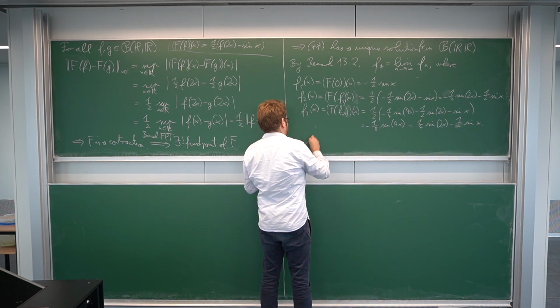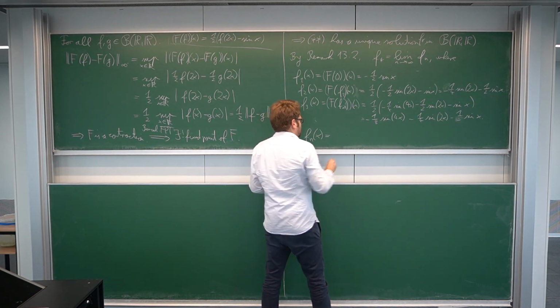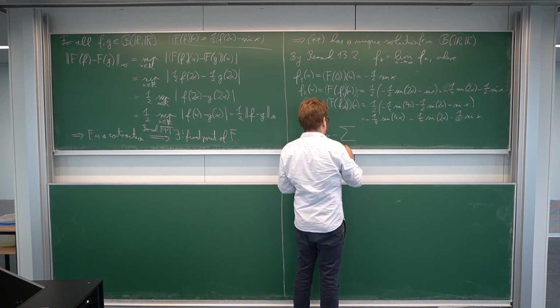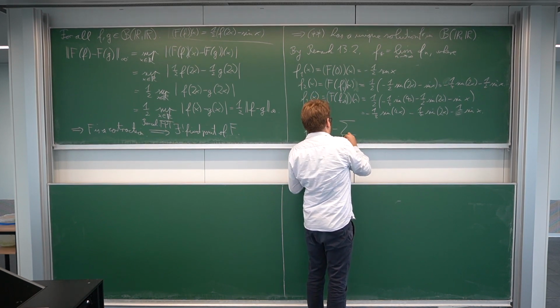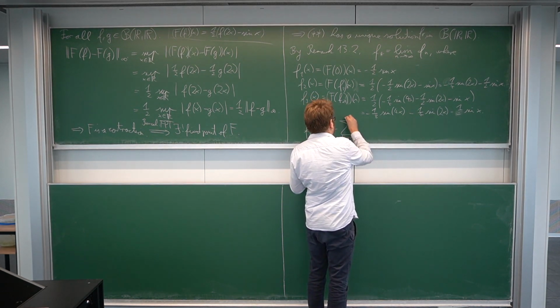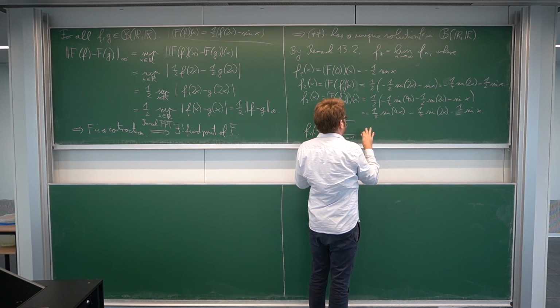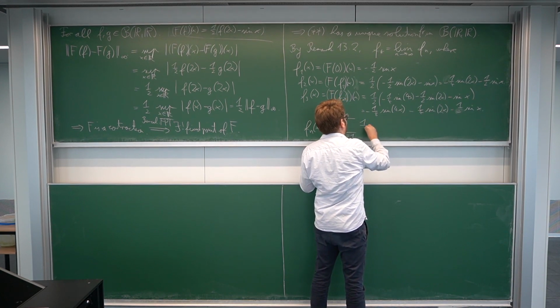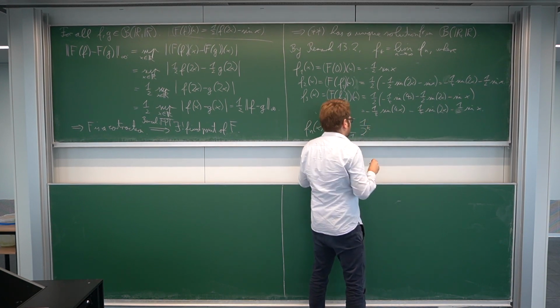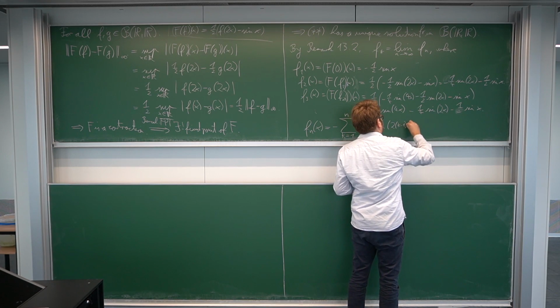And you could then get that fn, this is some formula we could prove by induction, which we don't do, would be minus the sum from k equals 1 to n of 1/2 to the k times sine of 2 to the power of k minus 1 times x.